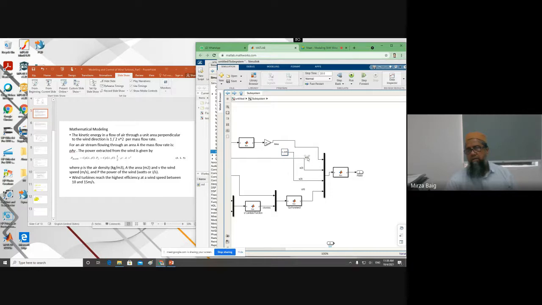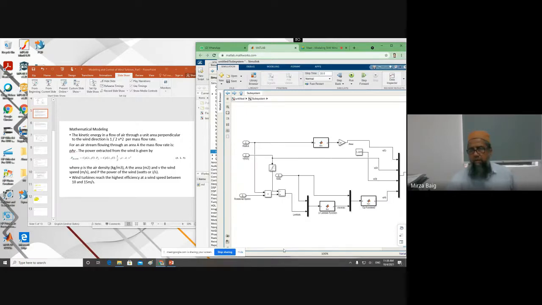This is U1, U2, U3, U4. Okay, so area is 1 and U2 is V. Okay.